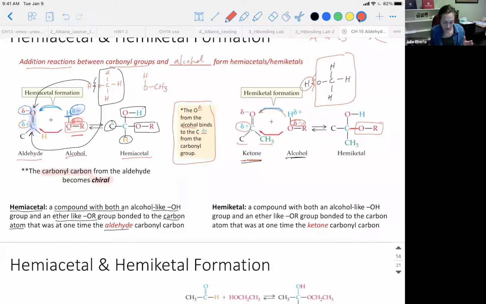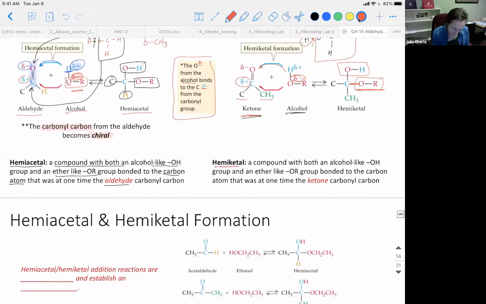And just like a hemiacetal, hemiketals have an alcohol-like group and an ether-like group bonded to the same carbon. It's just that our starting material was a ketone and not an aldehyde. So I'm going to read the definitions.